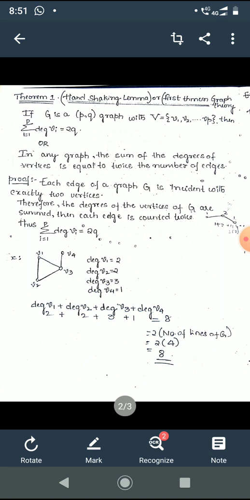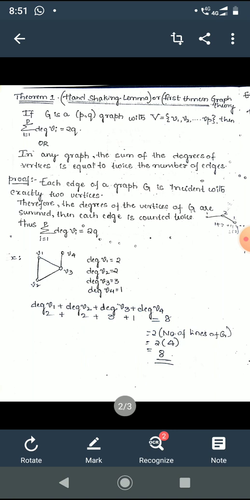The proof of this theorem is: each edge of a graph G is incident with exactly 2 vertices. Therefore, when the degrees of the vertices of G are summed, each edge is counted twice.